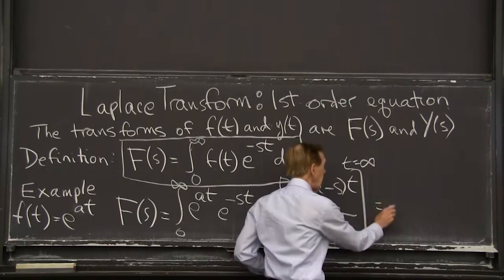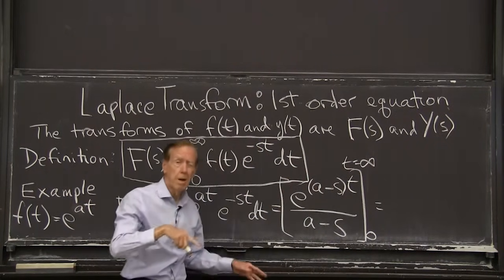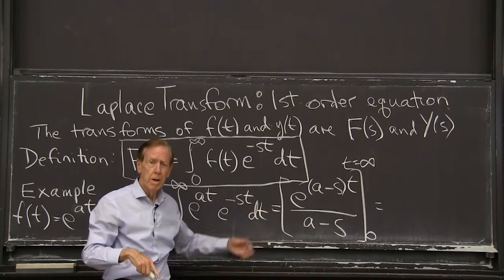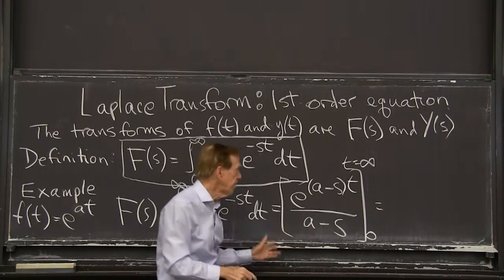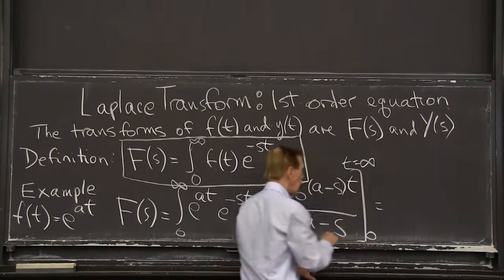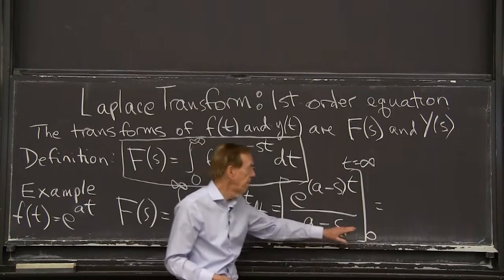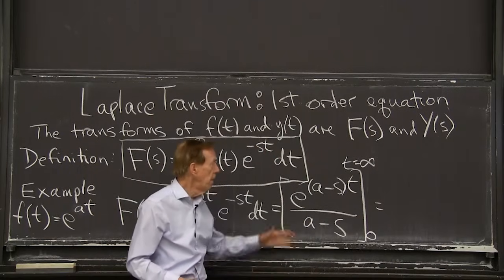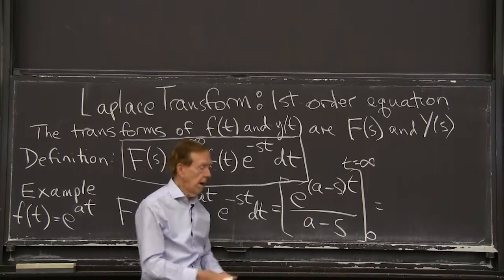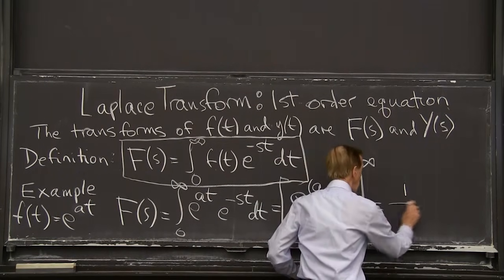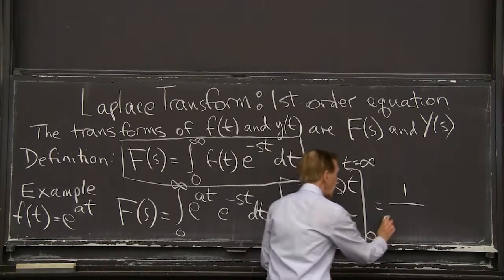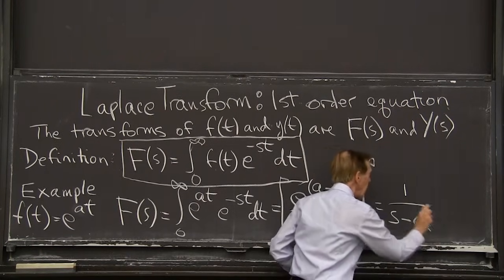So at t equal infinity, that upper limit of the integral ends up with a 0, so I just have to subtract the lower limit. And look how nice, now I put in t equals 0, and that becomes 1. And it's a lower limit, so it comes with a minus sign, so the minus sign will flip that to 1 over s minus a.